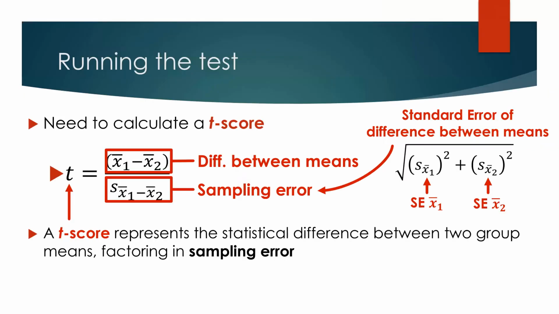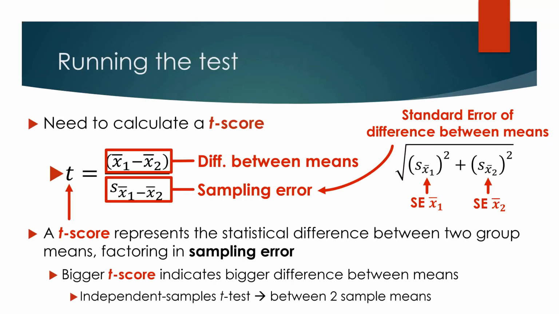So remember that a bigger t-score indicates a bigger difference between the means. So with an independent samples t-test, the bigger t-score would represent a bigger difference between our two group means. So a bigger difference between psychology and philosophy majors' average IQ.